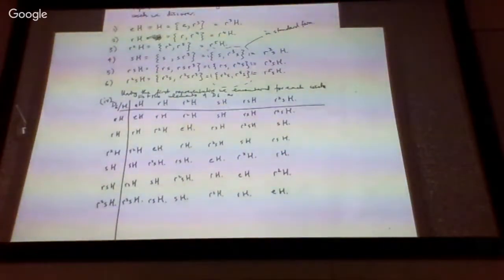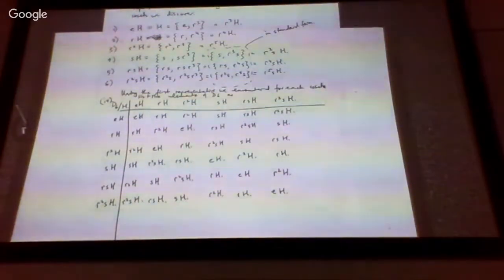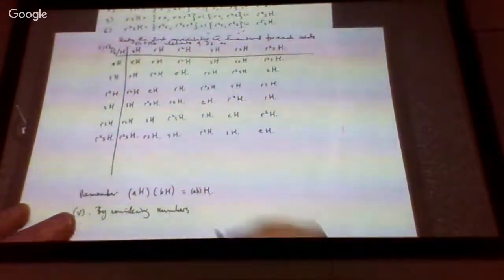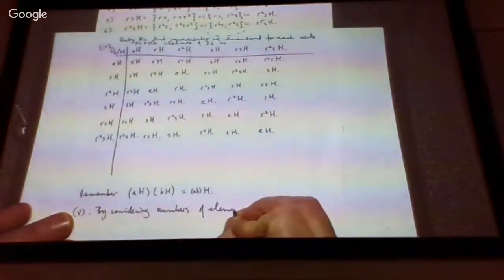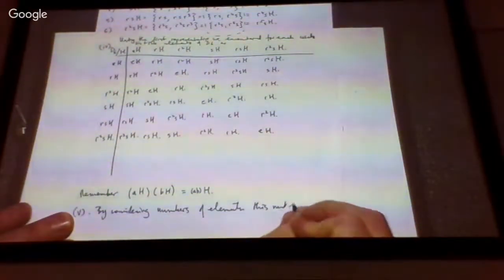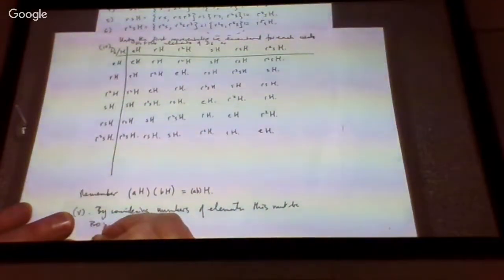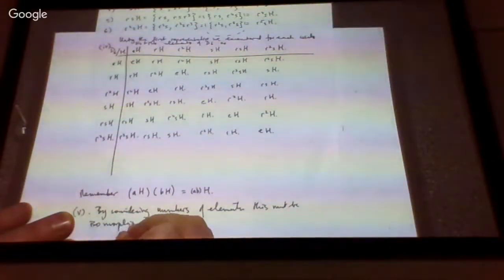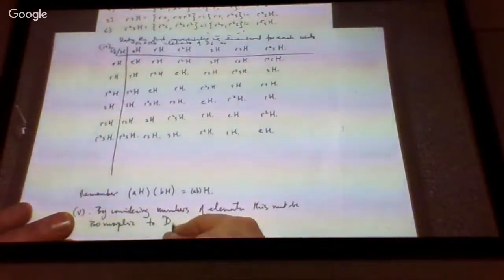So by considering numbers of elements, this must be isomorphic to D3.